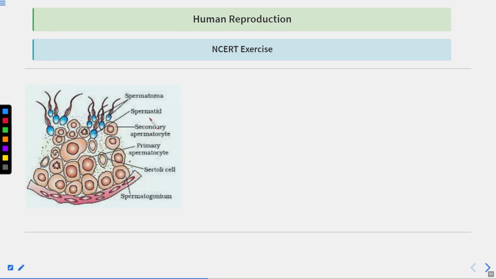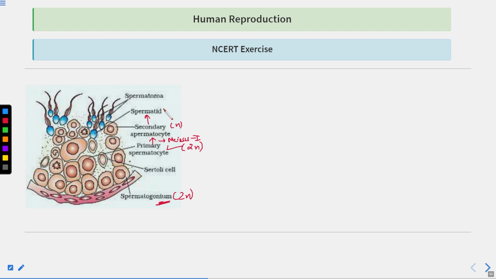So here you can see the image of the seminiferous tubule. In the seminiferous tubule, the process of spermatogenesis is taking place. You can see this is the spermatogonium, which is diploid, and it first undergoes mitotic differentiation to give rise to the primary spermatocyte, which is diploid. From this primary spermatocyte, secondary spermatocytes are produced through meiosis. Here meiosis 1 takes place and gives rise to the secondary spermatocyte, which will be haploid.